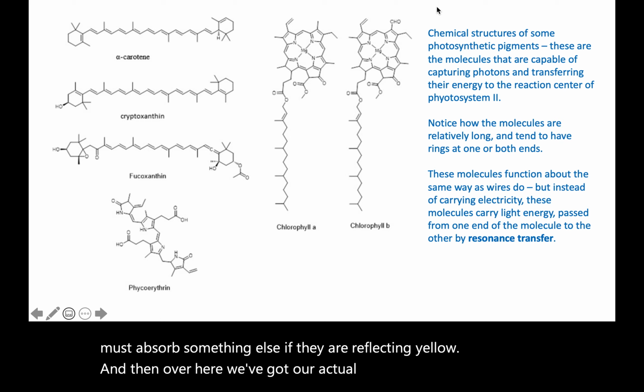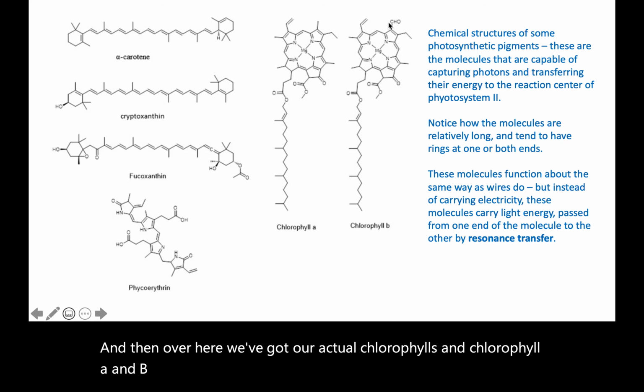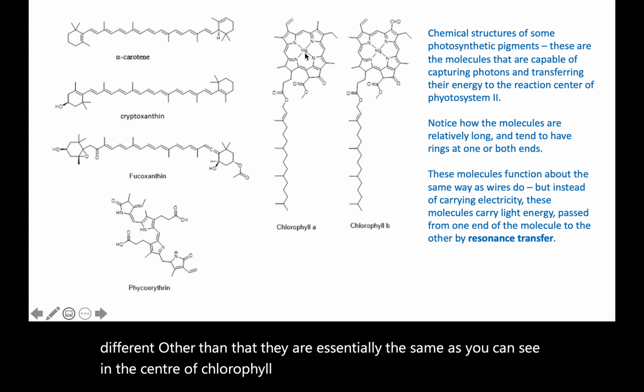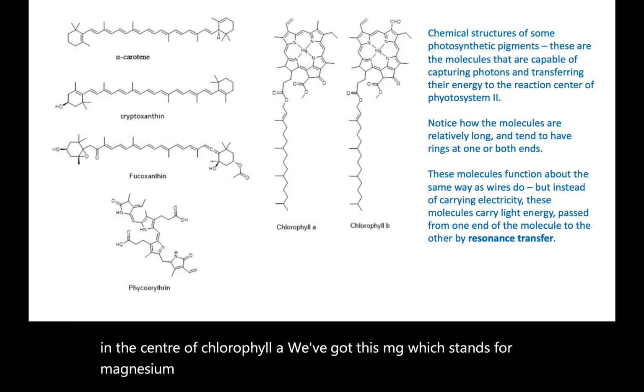Chlorophyll A and B are very similar, but they have a little tiny group up here that's different. Other than that, they are essentially the same. You can see in the center of chlorophyll A, we've got this Mg, which stands for magnesium. That is the ultimate target of all of this resonance transfer.